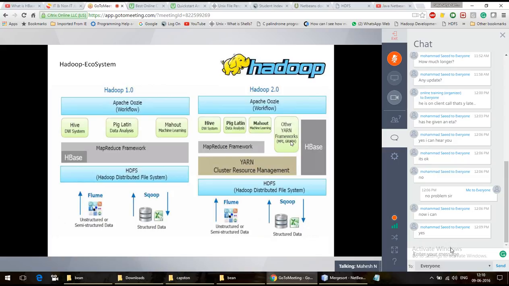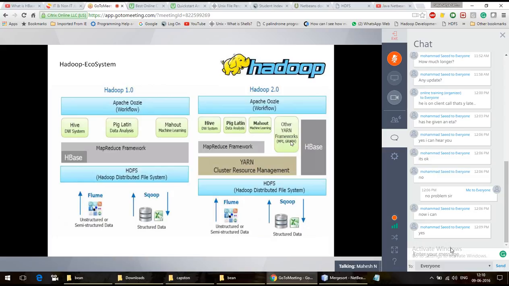In 1.0, if you observe keenly, we have three major components here: Hive, the Pig Latin data analysis system, and Mahout. These are various aspects included in the workflow process. Earlier it was Apache Oozie handling the entire workflow.